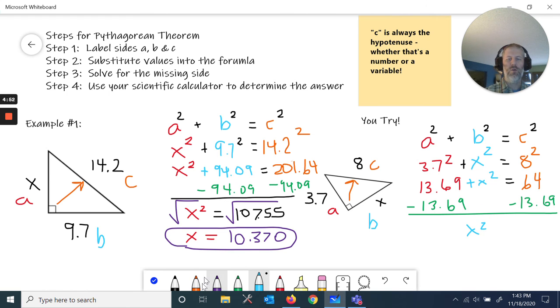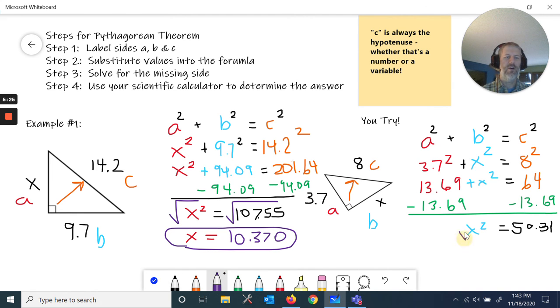That's going to equal 64 minus 13.69, I get 50.31. We better make that look like a 50. 50.31. Man, my penmanship here is getting as bad as it is in regular class.